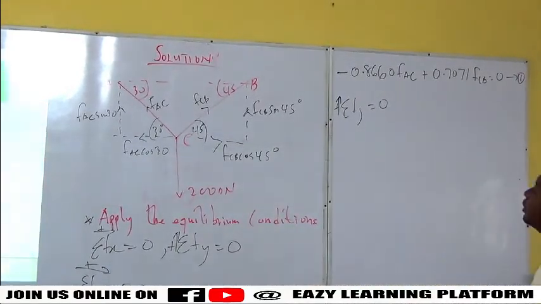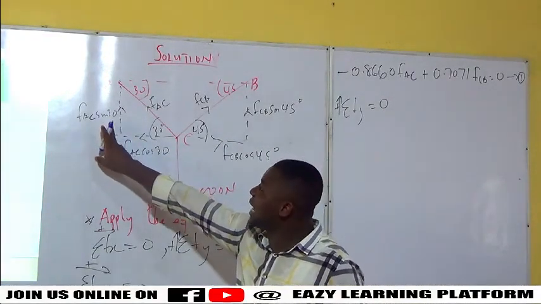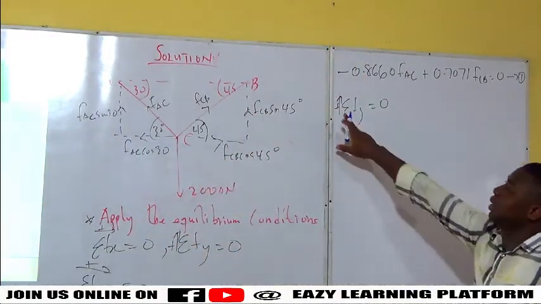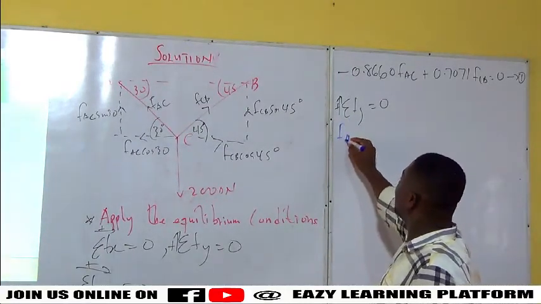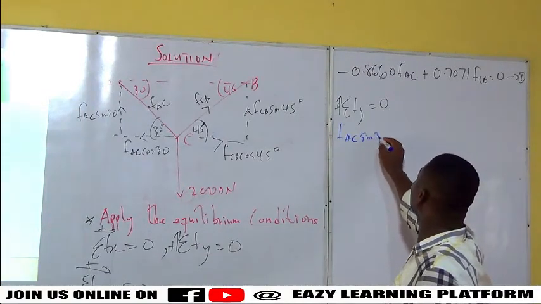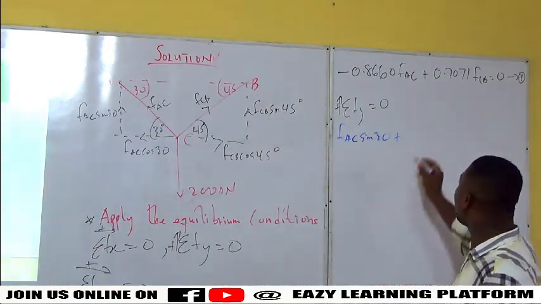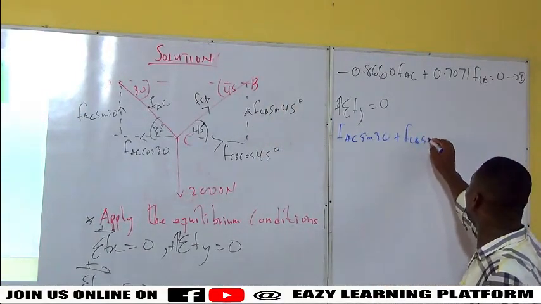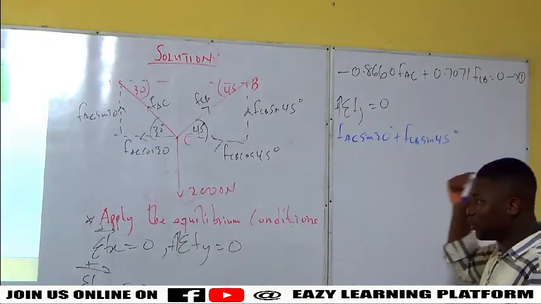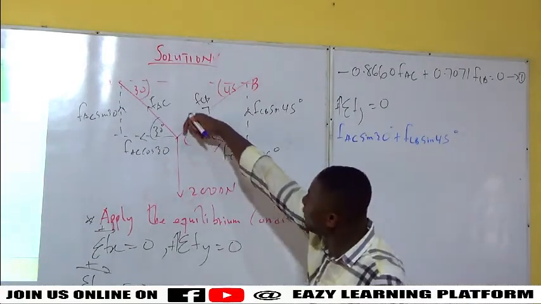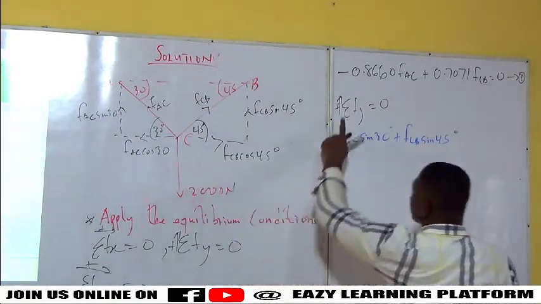So FAC sine 30 is moving upwards, the same as our direction, so it's positive. Then we have plus, also positive, moving upwards, FCB sine 45 degrees. Don't forget, this 2000 Newton is coming downwards in the y, opposite to our direction.